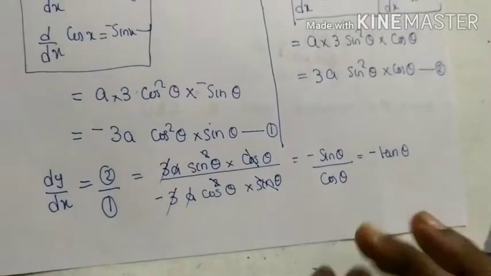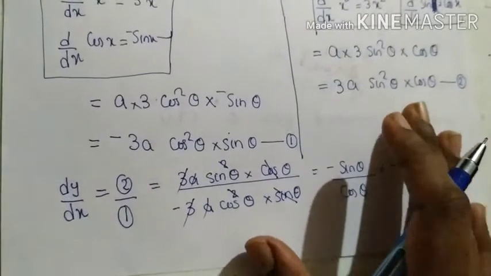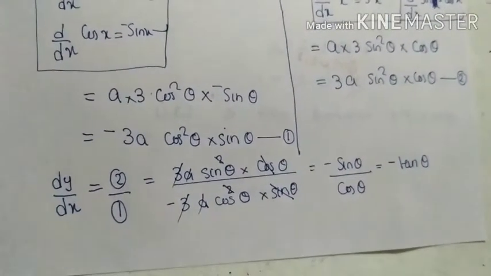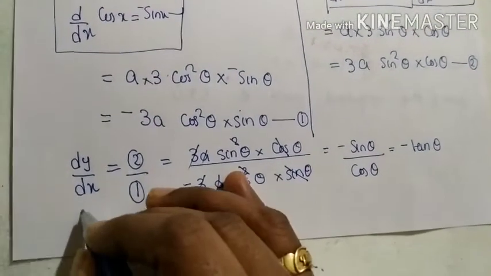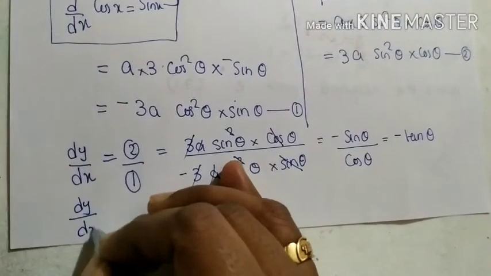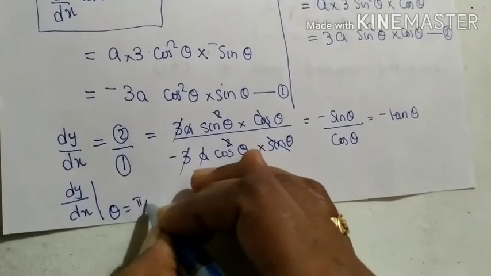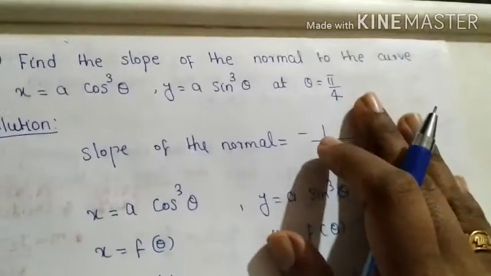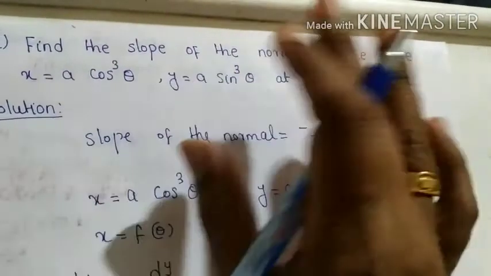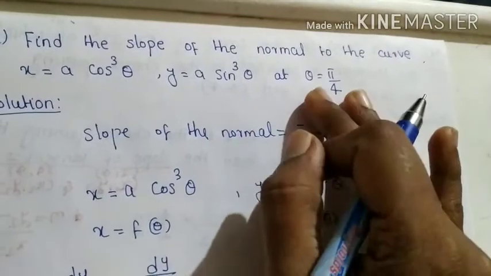Next I am going to find dy by dx at theta equal to pi by 4. Given that we need to find the slope of the normal at theta equal to pi by 4.